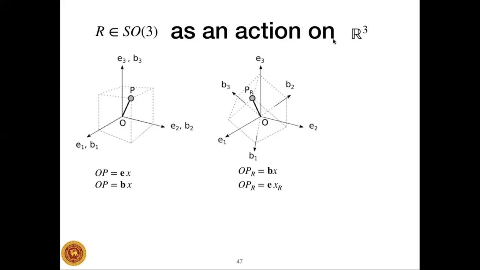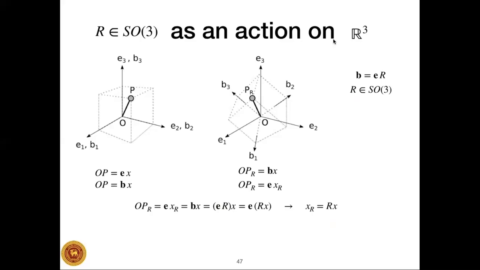Now, what is the relationship between X R and X? We have seen how to do this. The B and the E frames are related by a special orthogonal matrix R. If you plug that in, you get that the new position of the point seen in the E frame is equal to R times X. So what has this done?